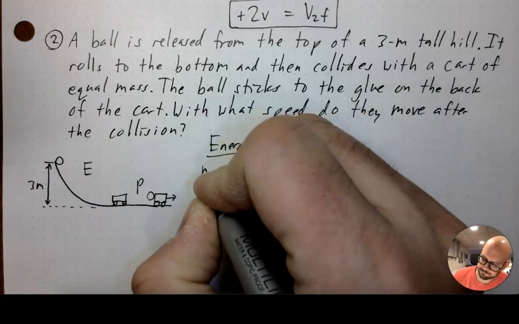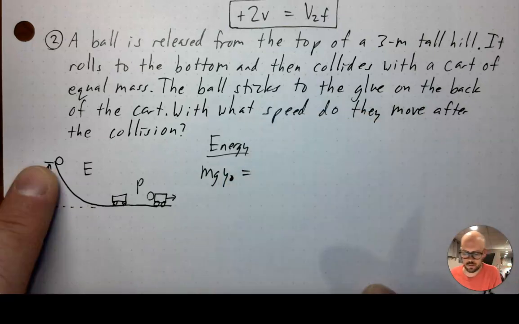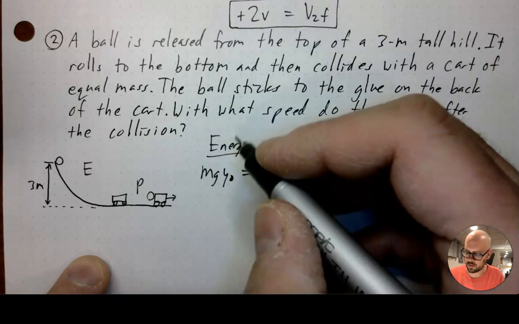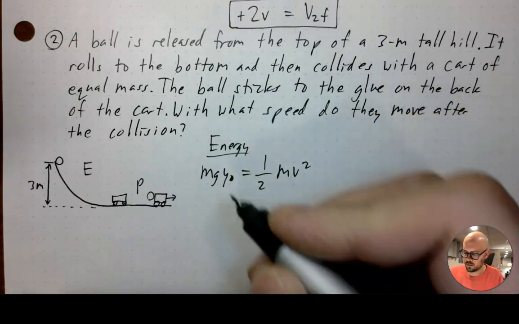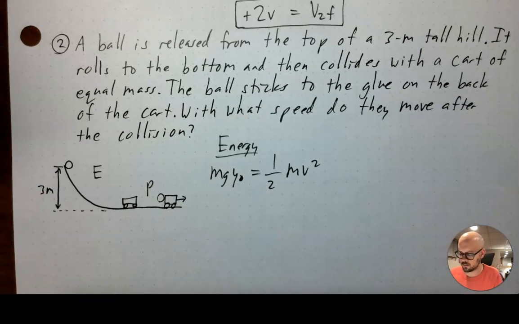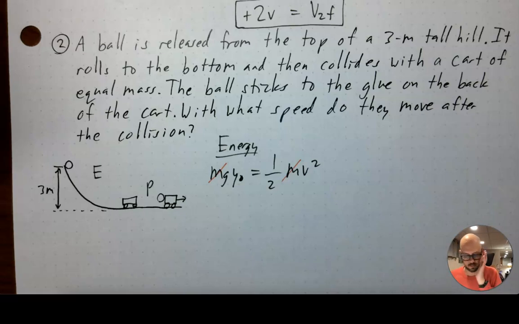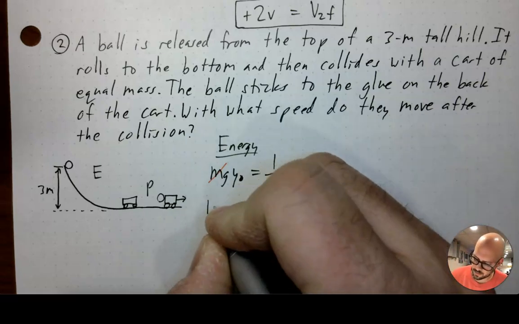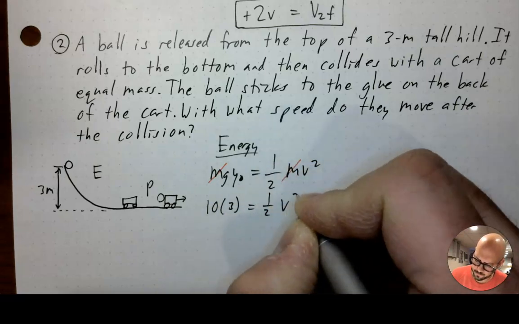So for the ball, we start with gravitational potential energy because the ball is above the lowest point here, and we end with kinetic. And we can cancel mass because it's both the same and in both terms. And so then we can plug in our values. So 10 times 3 equals 1/2 v squared.